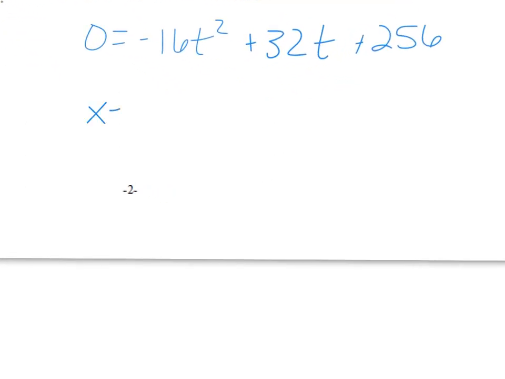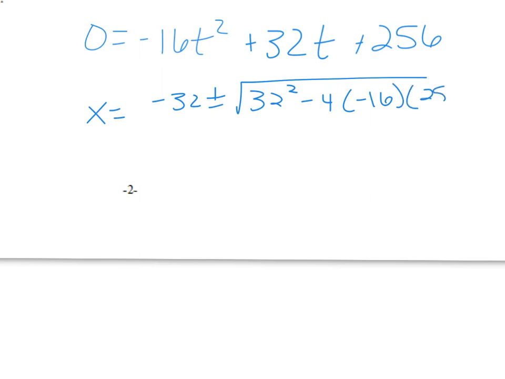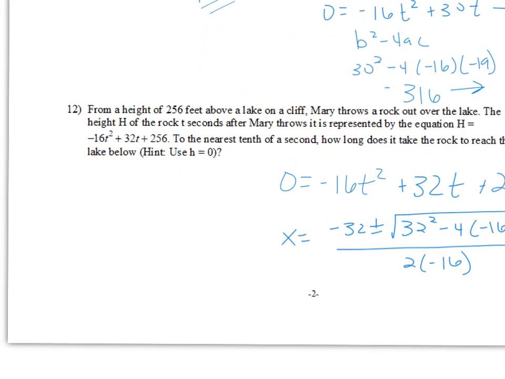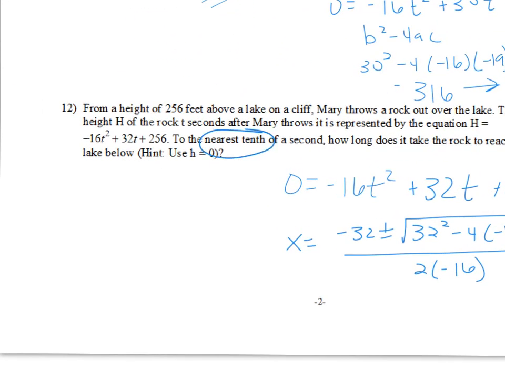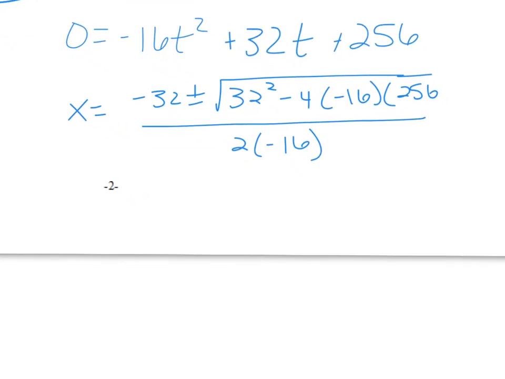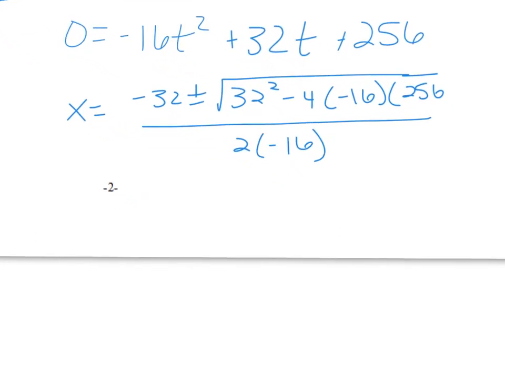So I'm going to have x equals negative 32 plus or minus the square root of 32 squared minus 4 times negative 16 times 256, all over 2 times negative 16. Now, since this is a real world problem and they're asking you to round to the nearest tenth, all I'm going to do is come up with decimals. I'm not going to worry about trying to simplify square roots and all that in this.